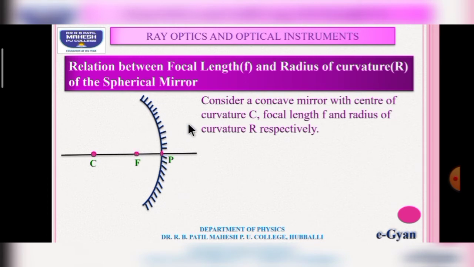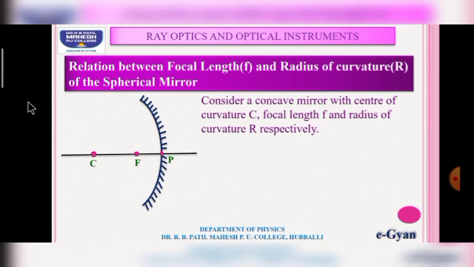Don't get confused between principal focus and focal length. Principal focus is the point where the rays converge on the principal axis. Focal length is the distance between the principal focus and the pole of the mirror.